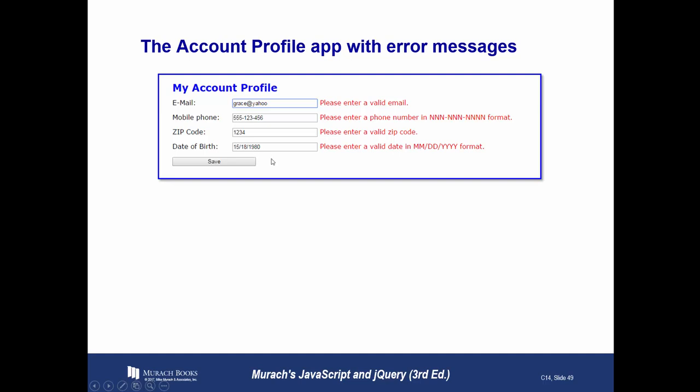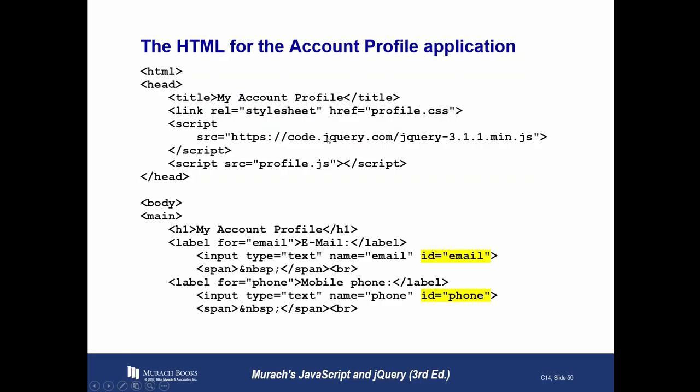All right. So again, this account profile application lets you change profile information. It uses regular expressions and conditional expressions to validate user input data. In real life, an application like this would save its information to the server. Typically would use jQuery or Ajax or both. So some of the HTML is shown here and in the book on page 427.